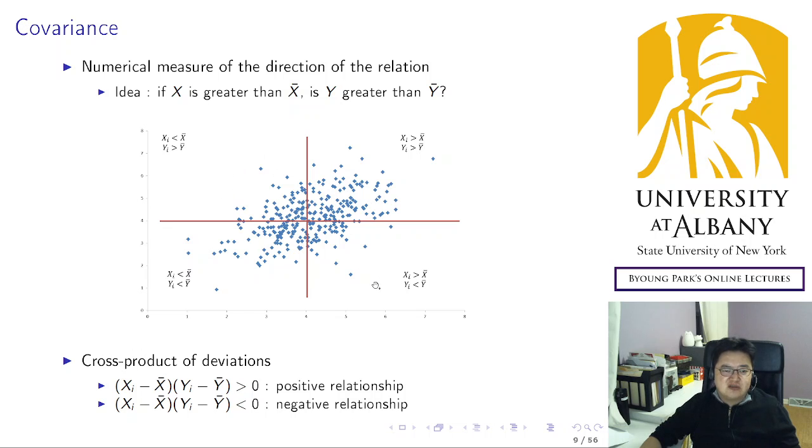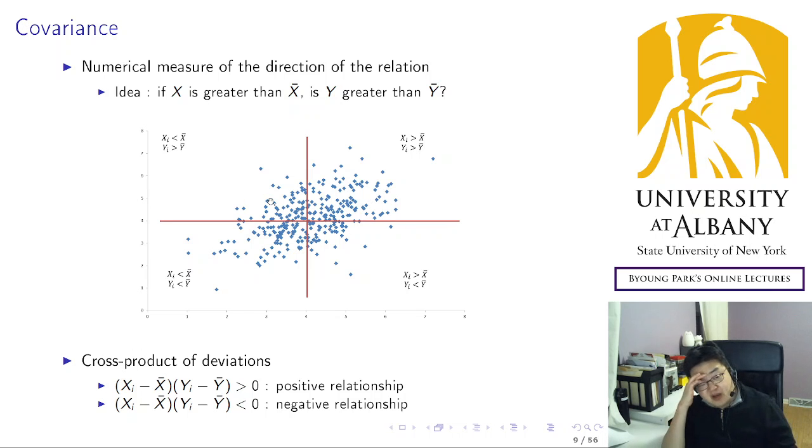The second and the fourth quadrants have different directions for x and y. In one, x increases but y decreased, and in the other, x decreased but y increased. So these two quadrants have observations that imply a negative relationship.